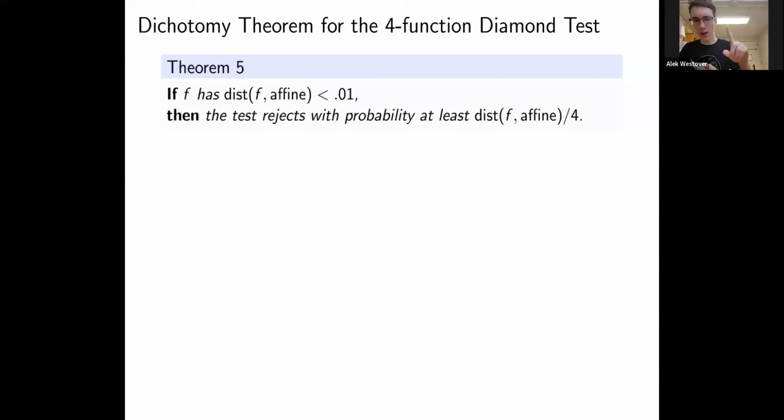The motivation for starting with these things is twofold. First of all, these things are comparatively easy because if you're 0.01 close to affine, there's a very unambiguous way to round f to an affine function. If we allowed f to be half far from affine, then it's not really clear what you would do. But when f is this close to affine, you can think of the behavior of f as just mostly agreeing with an affine function and then occasionally differing.